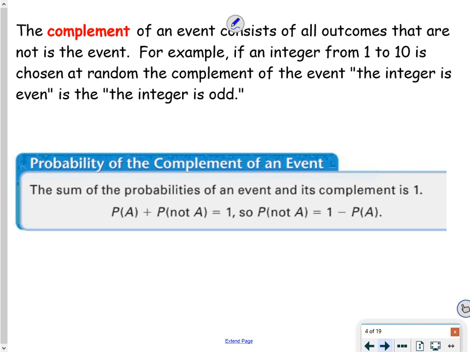To figure out the complement of an event, the probability that A doesn't happen is equal to 1, which is all the possible outcomes, minus the outcomes in which event A actually happens. So the probability that A doesn't happen is 1 minus the probability that A does happen.